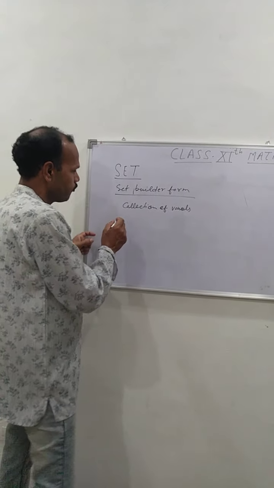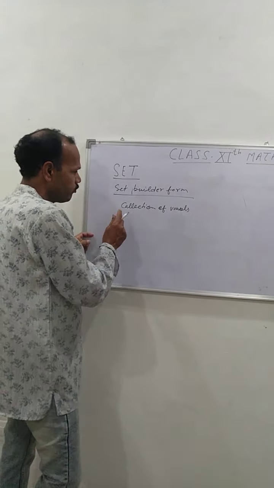When we represent it in builder form, we assume the specific element is x. So we can represent it inside curly brackets like x such that x is a vowel of the English alphabet. So this is said to be set builder form.